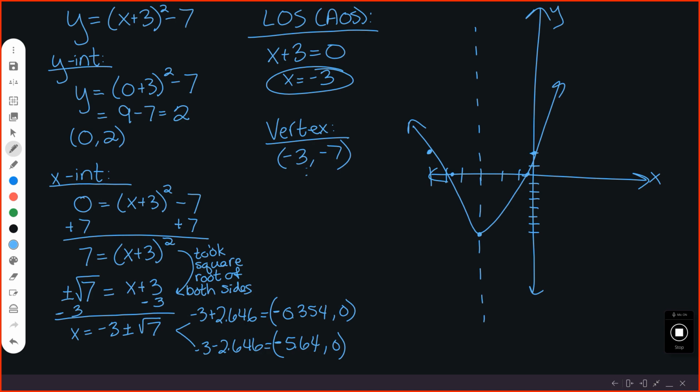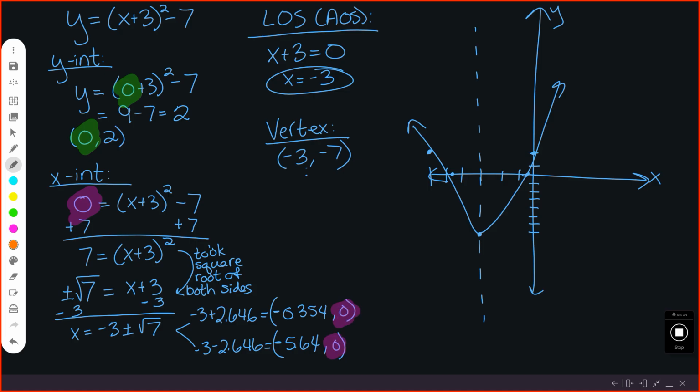Okay, so again, we found the y-intercept by making x equal 0. Let's do our highlighting, I forgot to do it this time. We find our y-intercept by making x equal 0, and we found our x-intercepts by making y equal 0.